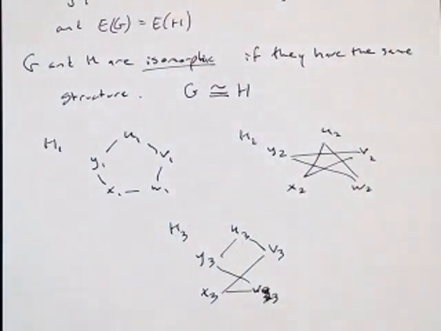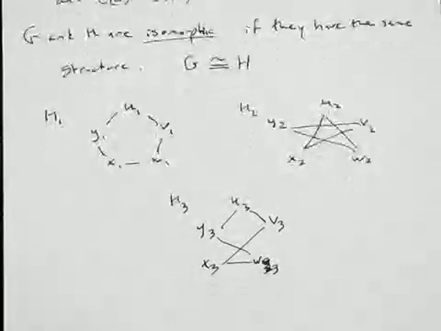Here are 5 graphs. So 3 graphs of order 5 and some equal graphs. That first one, what's the name of that first one? H1, because that's a structure.